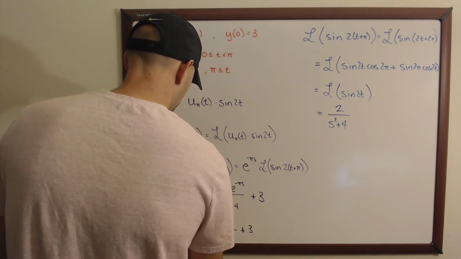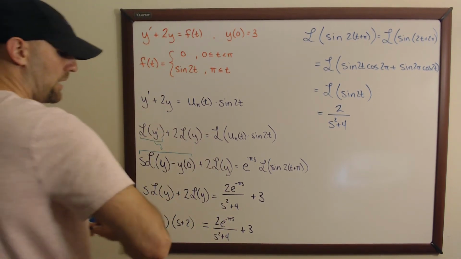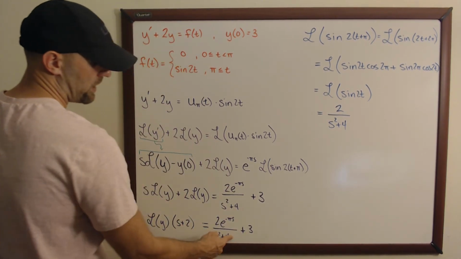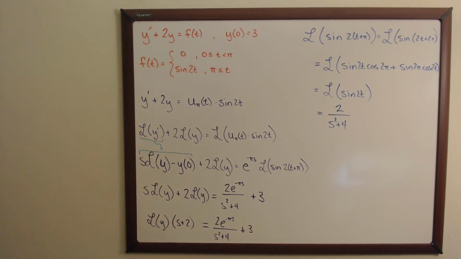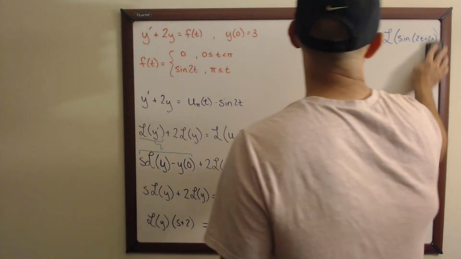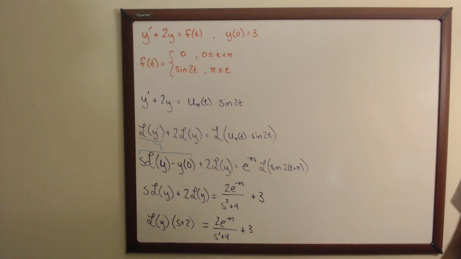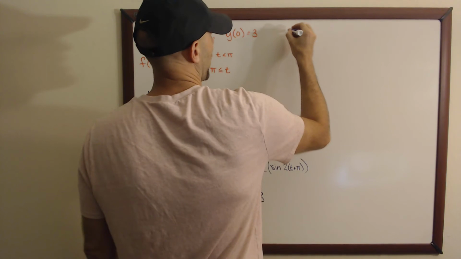Okay. Now, you theoretically could combine these two terms, but don't, because clearly this one's going to be a second shifting theorem and that one's not, right? So I'd like to keep those things as separate as I can for as long as I can. At this point, I'll divide all of my terms by s plus 2, and that gets me to the point where I need to start untranslating things.